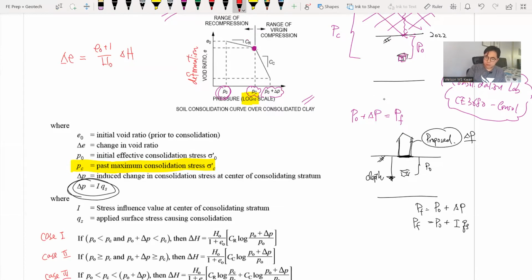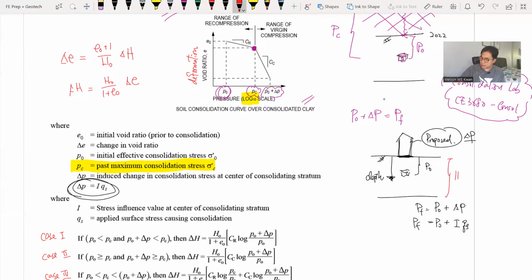We organize it so that delta H is again related to delta e. Delta e here is just the change on the y-axis, and H naught is the original thickness of your clay deposit.